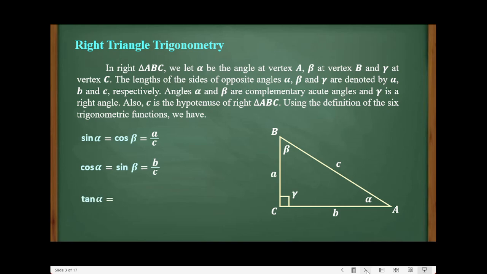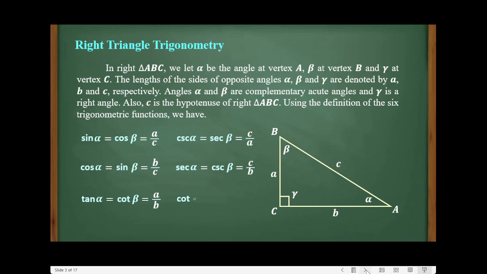Tangent alpha, which is equal to cotangent beta, is equal to the ratio a over b. Cosecant alpha, which is equal to secant beta, is equal to c over a. Secant alpha, which is equal to cosecant beta, is equal to c over b.